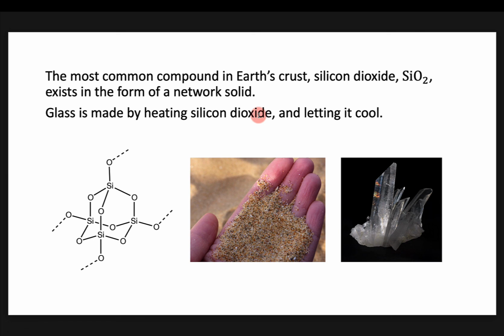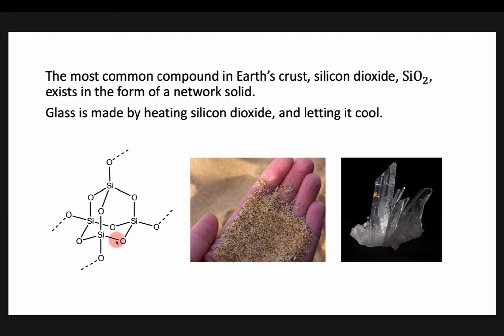Silicon dioxide, it turns out, is also a covalent network crystal. It is the most common compound in Earth's crust. It will say in the reading that silicon and oxygen are actually the two most common elements in Earth's crust. And silicon dioxide forms these covalent network crystals.